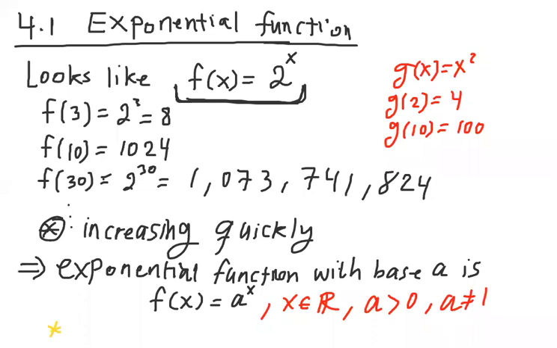Because if, for example, a here is 1, so f of x will be 1 to the x, and 1 to the x is equal to 1. If I plug any number into this function, it always gives me 1. And that is not an exponential function.